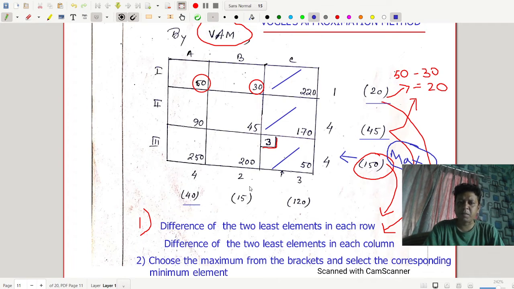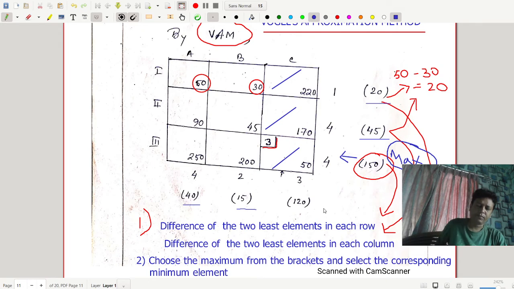In the second column, similarly, you select the two minimum elements and take the difference. So it's going to be 45 and 30, so the difference is 15. And for the third column, 170 and 50, the difference is going to be 120.